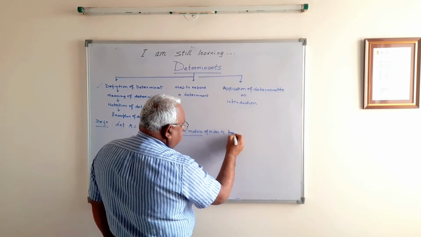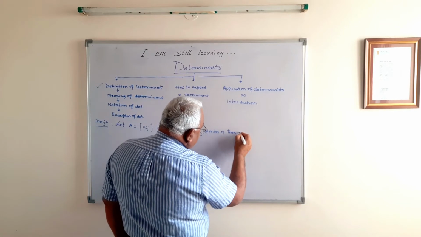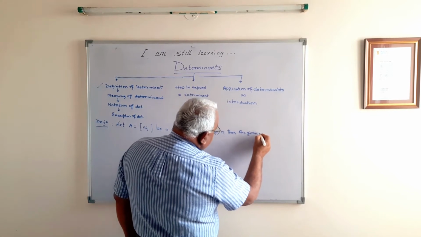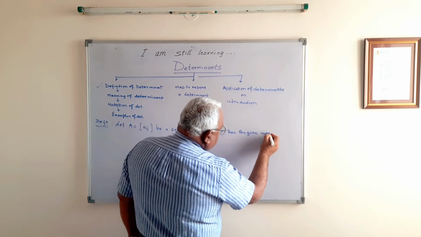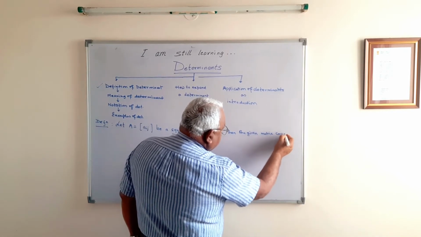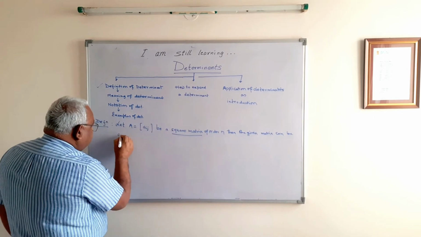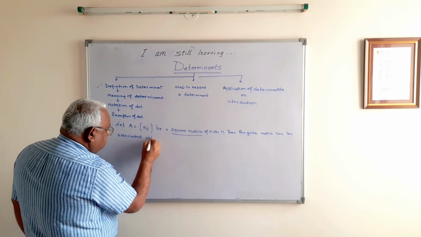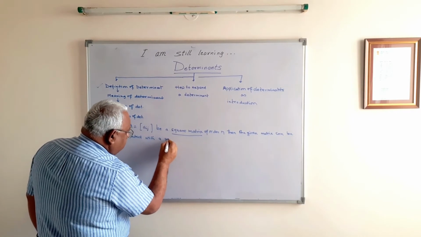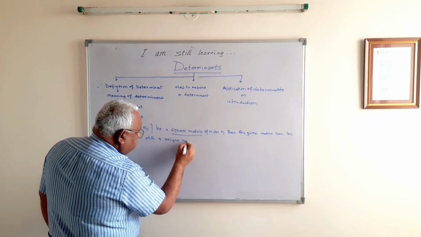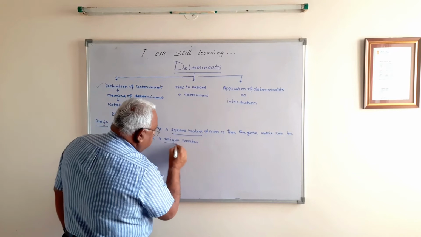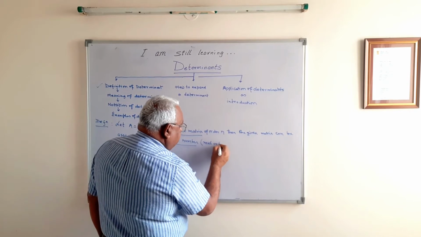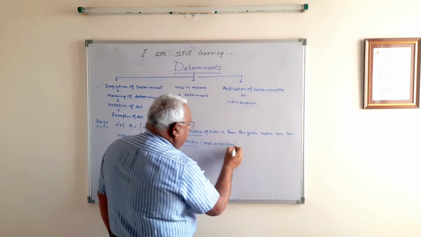Then the given matrix can be associated with a unique number. It may be real or complex.